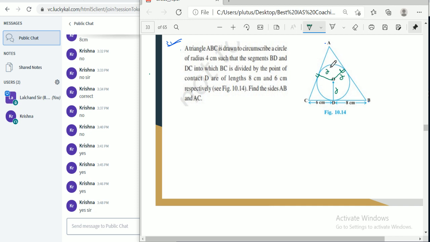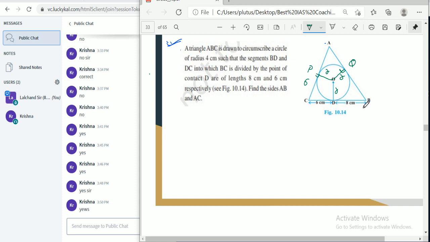If this is 6 centimeters, let's suppose this point is P and this point is Q. So the value of CP is also 6 centimeters because these two are tangents to this circle from point C. Is this clear to you?